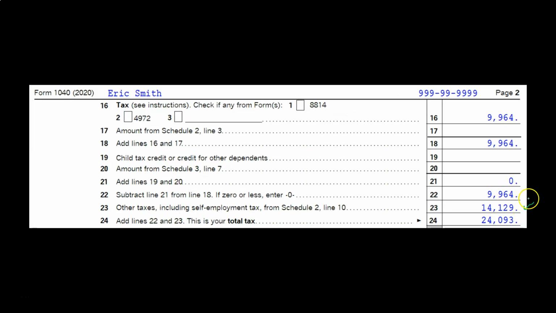Now, this is the second page of the Form 1040, and I just want to point this out now because this is another endpoint within the 1040 that's affected by the Schedule C, and that's going to be with the other taxes, typically being here, this self-employment tax. So when you have a Schedule C type of business, you have to calculate not only the income tax, which is what you typically will do with any kind of income.